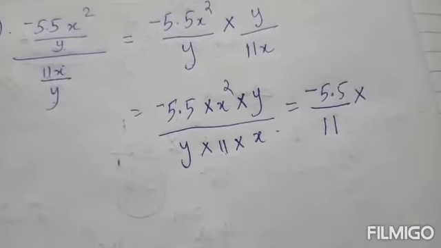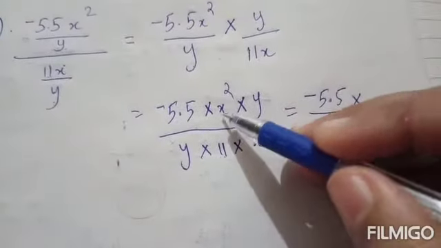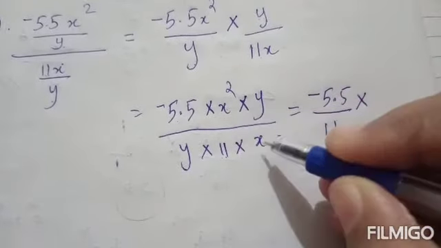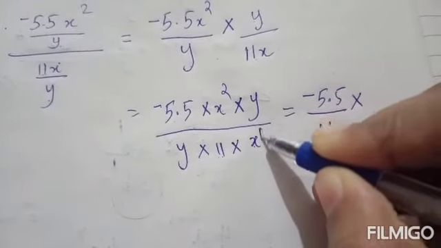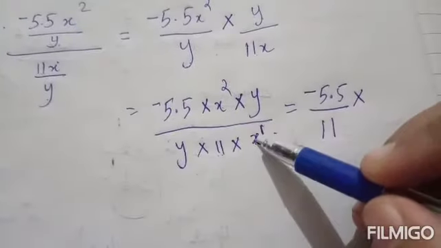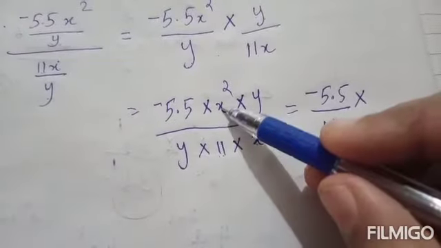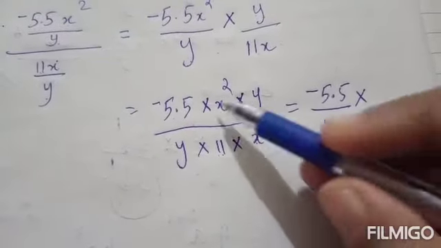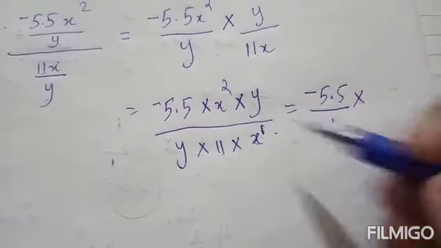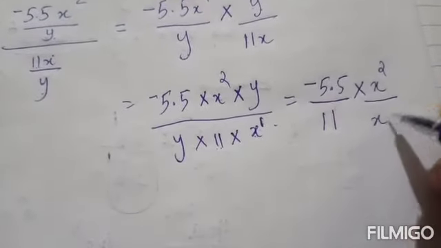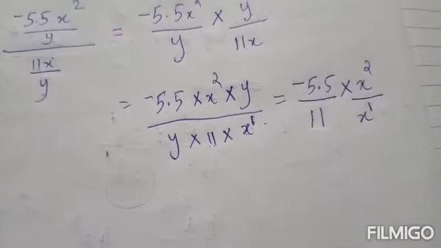Next, x square is there in the numerator and x means x raised to 1. So x raised to 1 is there in the denominator. This x square and x raised to 1 have the same base x. So you can group x square by x raised to 1. In this way you can write.